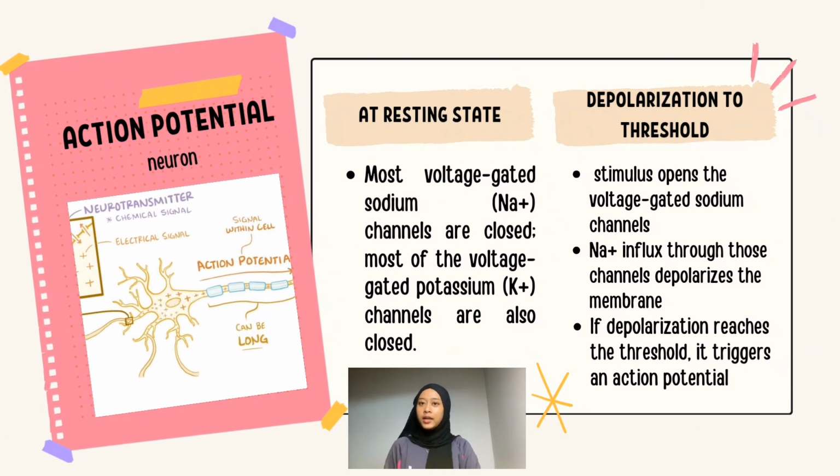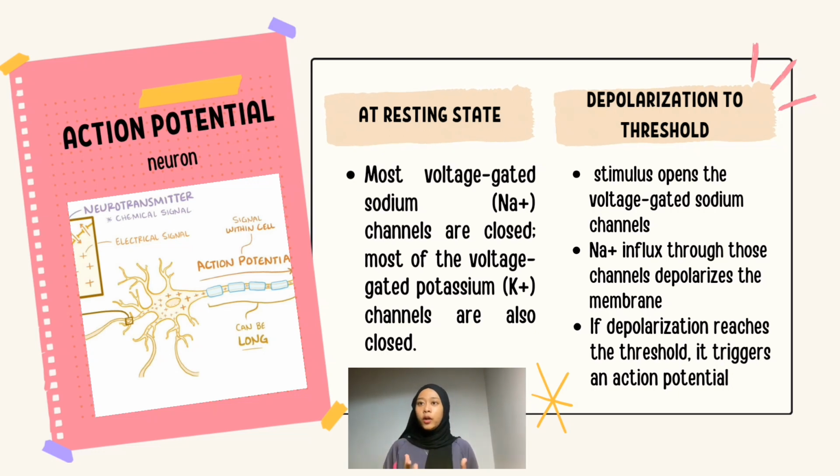So, this is the action potential that I want to present, which is first, the resting state. Most of the voltage-gated sodium, which is Na+, channels are closed. Most of the voltage-gated potassium, which is K+, channels are also closed. This is the resting state in the action potential in a neuron.